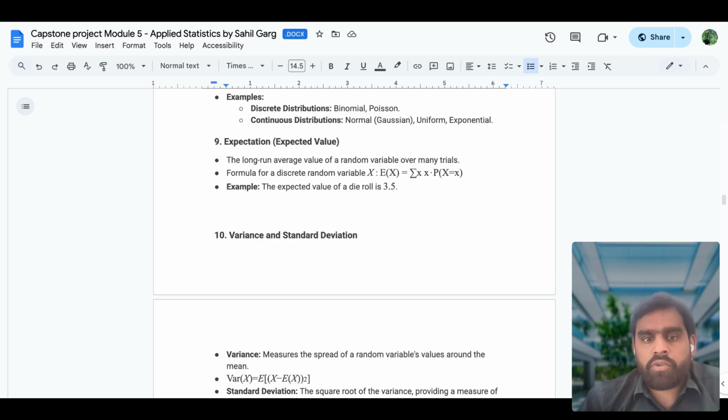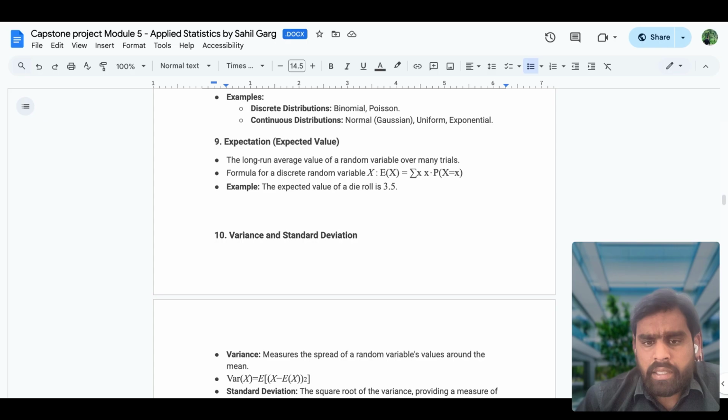Expectation is finding the average value of a random variable over the long term. For example, say we want to find the probability of getting 3 when we roll the dice 10 times. If we get 3 three times, the probability of getting 3 would be 3 upon 10, which is not equal to 1 upon 6.